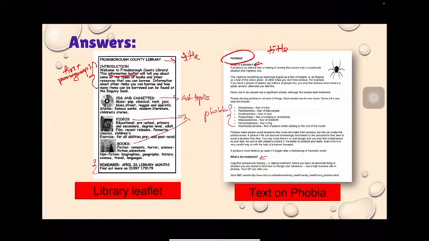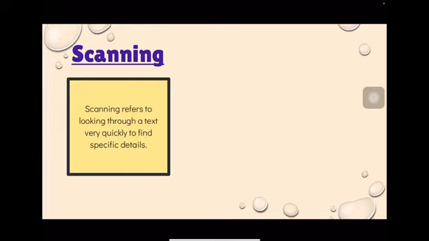Okay, let's continue. How about scanning, everybody? So if just now skimming is to get the general idea of the text, we do scanning to get the specific detail of what the text is about, and it also requires you to read quickly.